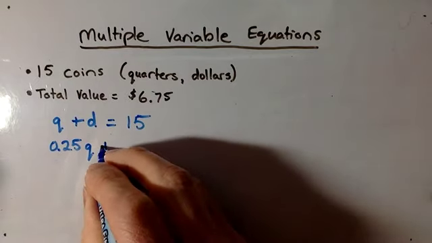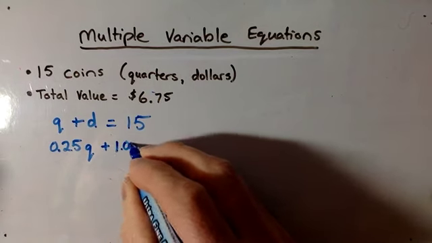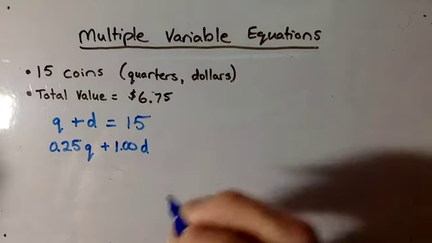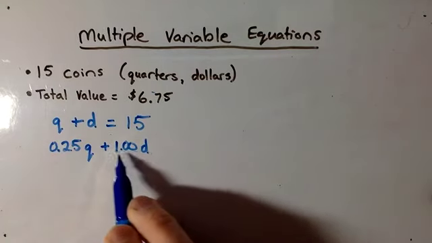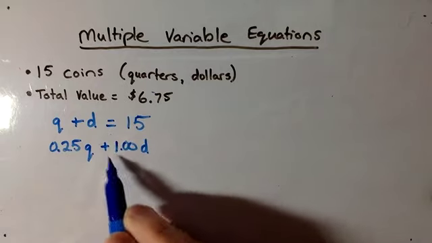Now if I add that to our dollars, I'll put 1.00 times D. Ignoring the quarters for right now, if I just have $1 times the total number of dollars that we have, that'll tell me the value of all the dollar coins.